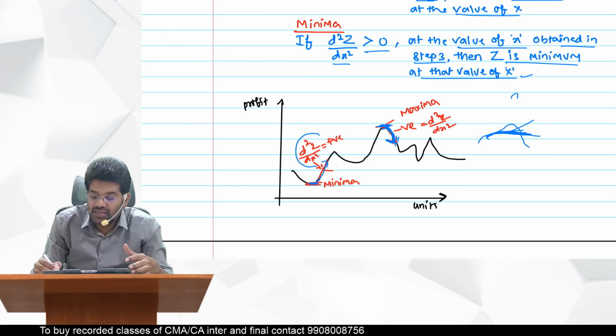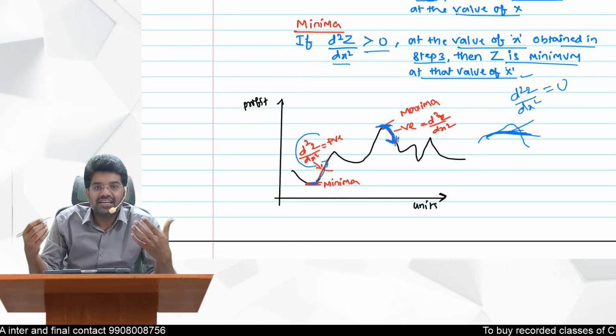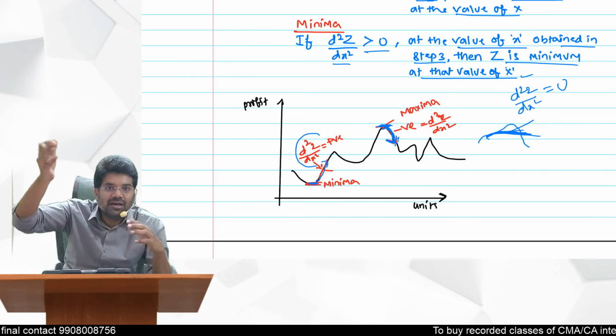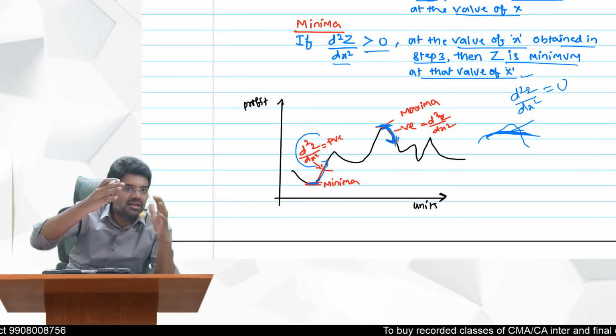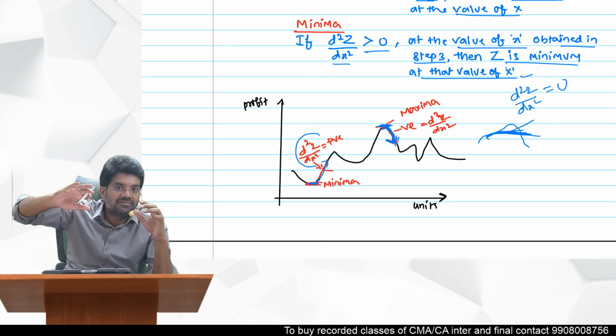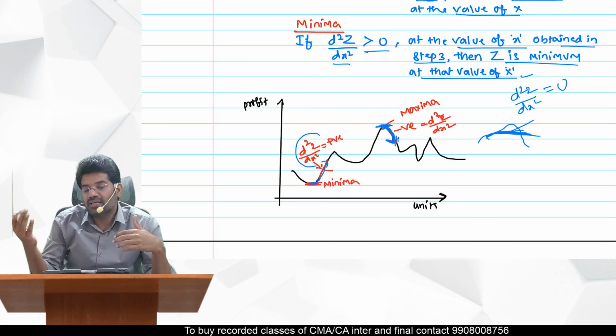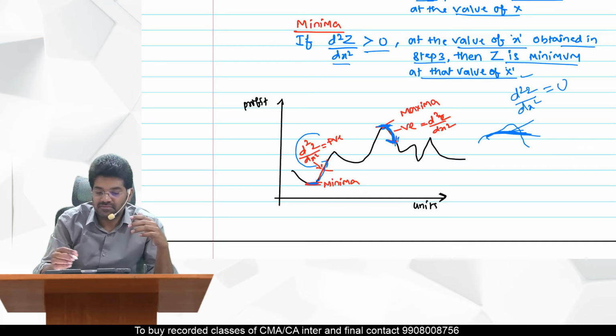So whenever d square z by dx square is 0, it indicates that there is neither maxima nor minima. First time we equate with 0, so whenever it is 0, you can say there is no maxima or minima at that point.